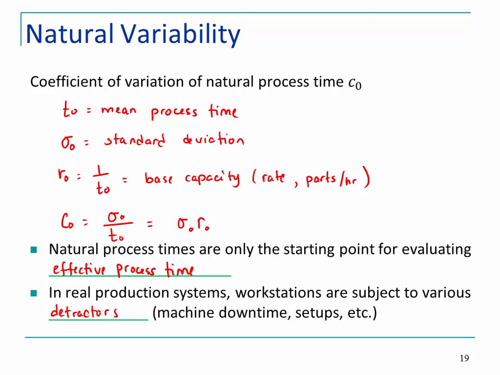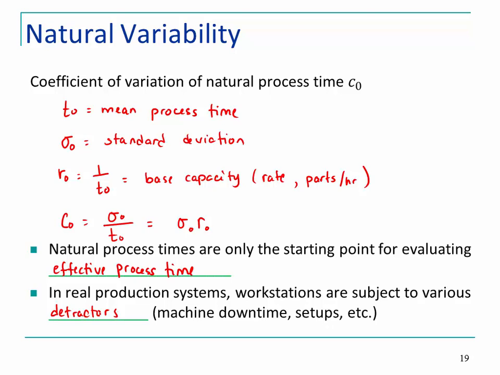So we are not now focusing only on the natural process, the variability on the pace of the operator, or something that we cannot easily find a cause for. In real production systems, we need to take into account the machine downtime, the setups, and everything that causes a variation in our final output. And that's what we call the detractors.